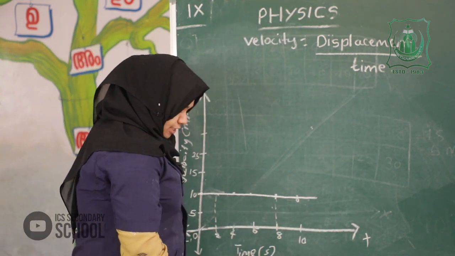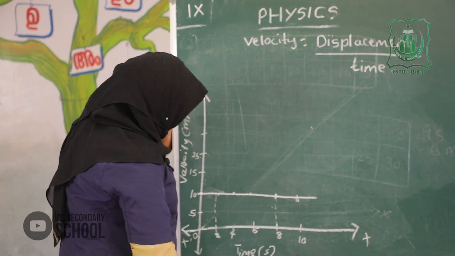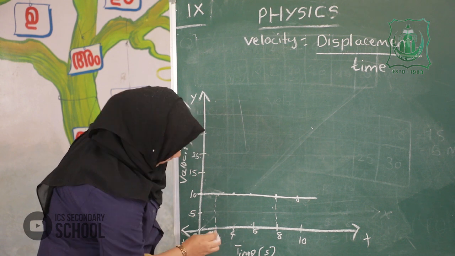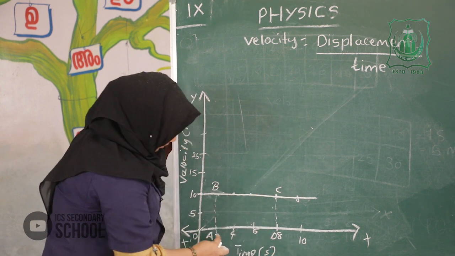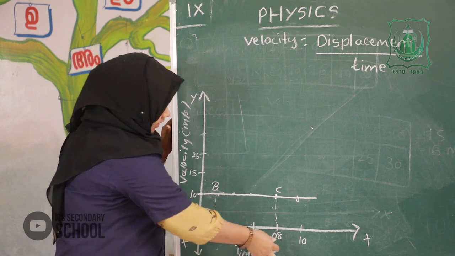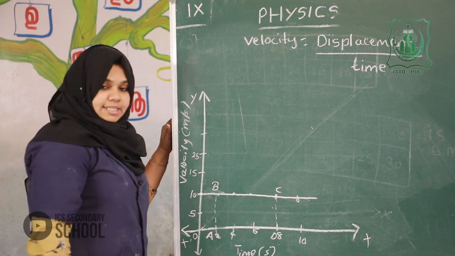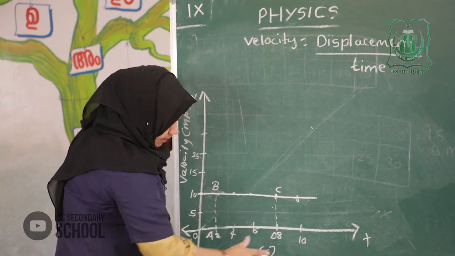Okay. We mark the values also. At the 2nd second and 8th second, we are asking what is the displacement. So I put marks A, B, C, D here.